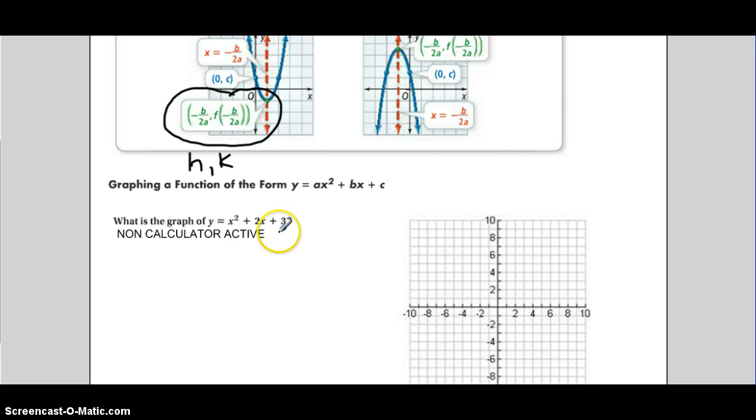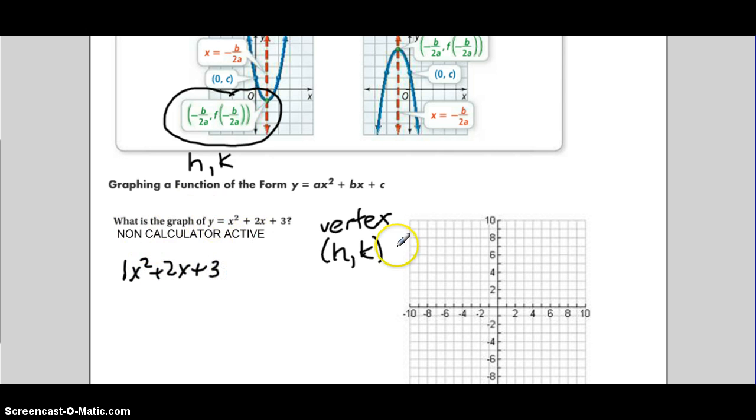So if we're looking for h, k, because you always want to find the vertex, I first want to take a look at how to find that vertex. We've got this handy-dandy little quadratic here. Remember, that's going to be 1x squared plus 2x plus 3.